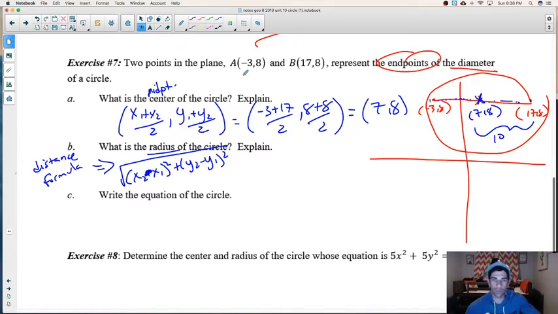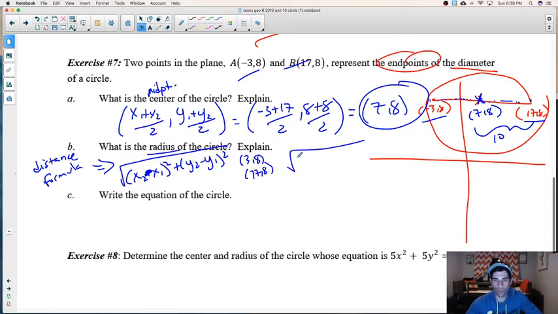Now you're not going to use these points because that's the diameter, and if you do, you better divide by 2. You should really use the 7, 8 and either the negative 3, 8 or the 17, 8. It does not matter which one. Let's say I'm going to use 17, 8.